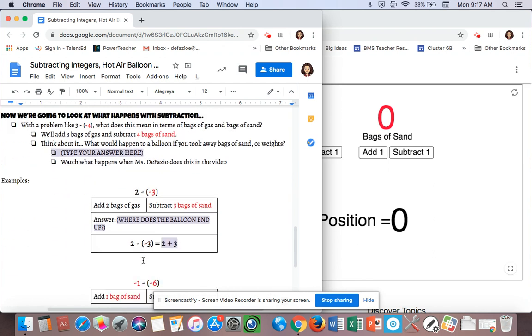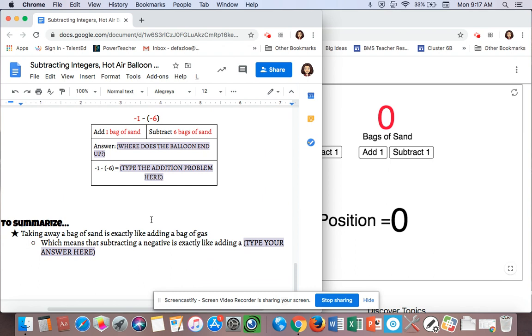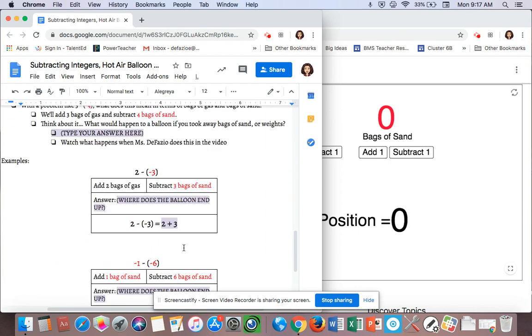So basically, wherever you see these highlighted in light purple, that's where you're going to be typing in an answer. I'm going to be talking about the answer, or you're going to see it on my screen over here. But as I talk about some stuff, make sure you're paying attention and following along in the guided notes with this video because you will be answering questions.